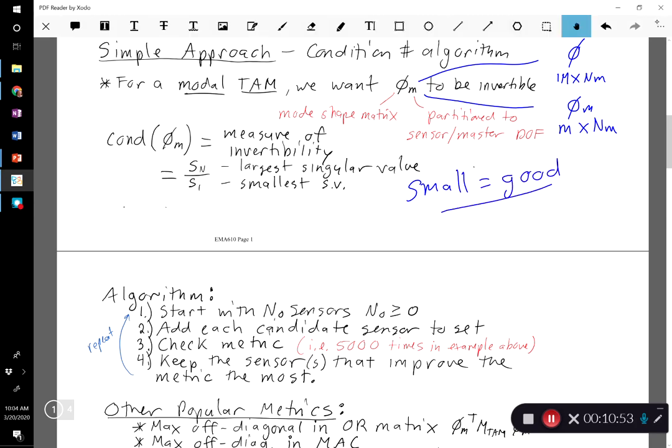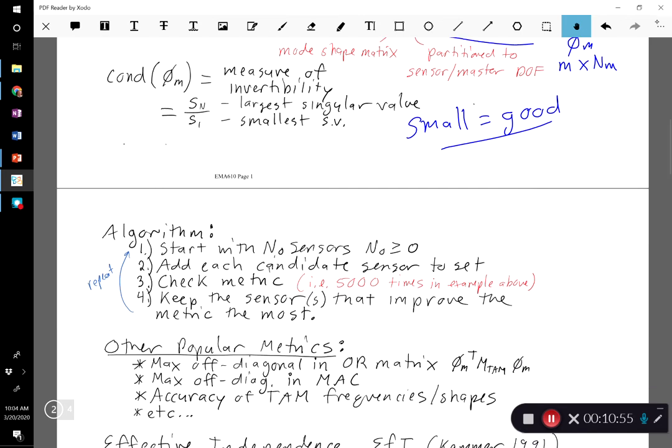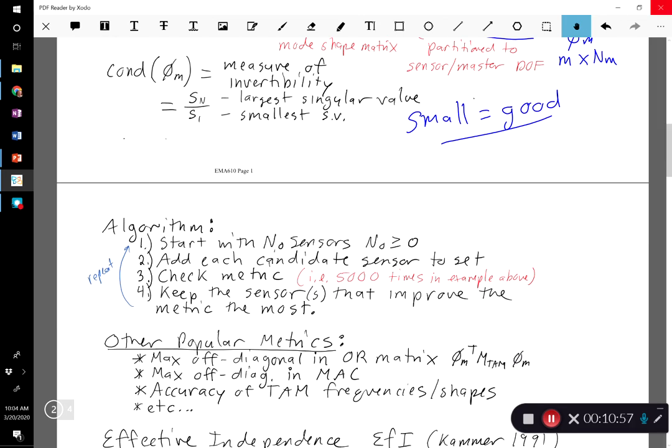So the algorithm that Mays uses here is we typically start with a set of sensors. You could even start with just one, but typically you'll start with a few sensors that are placed such that you can visualize what's happening in the structure well. That's probably the most basic starting point, placing a few sensors around so you'll be able to see how the structure moves.